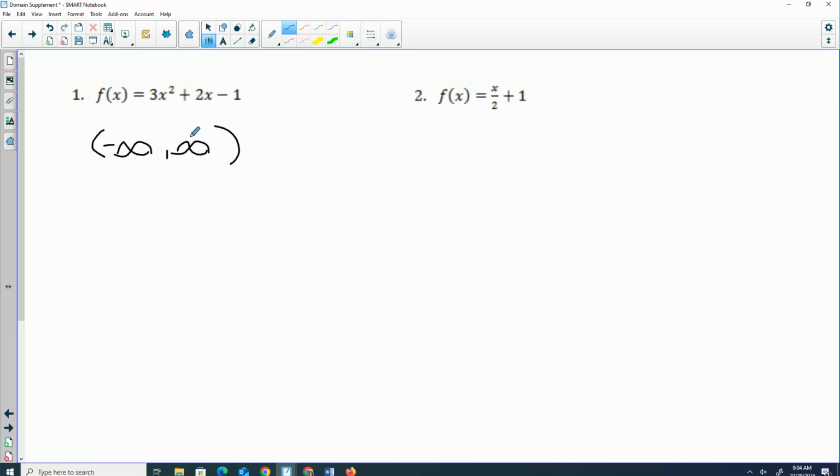If I look at number 2, do we have a fraction? Yes. So our rule is if we have a fraction, the denominator can't be 0. My denominator is just 2. Do I have to worry about 2 equaling 0? No. So if I have a fraction, but the only thing underneath can't be 0, what's my domain? It can be anything.